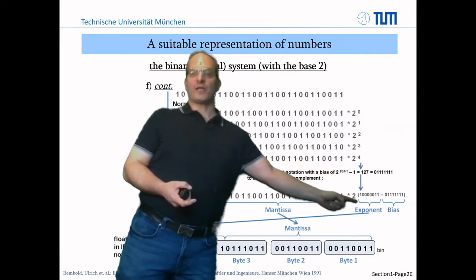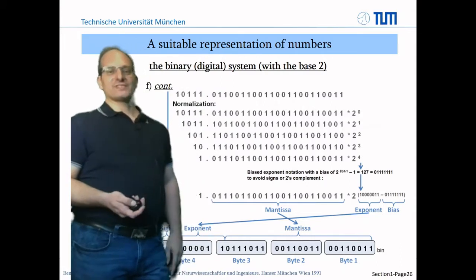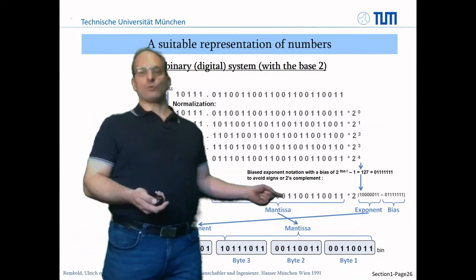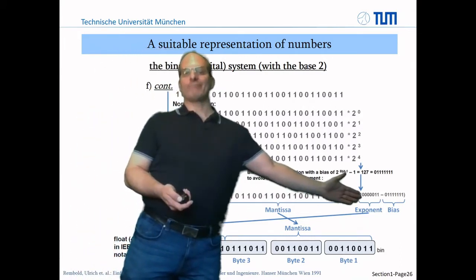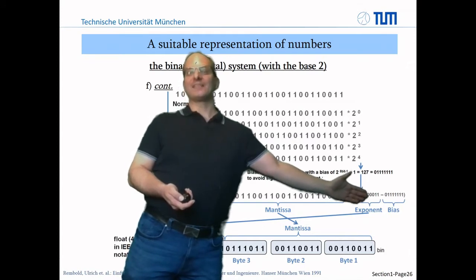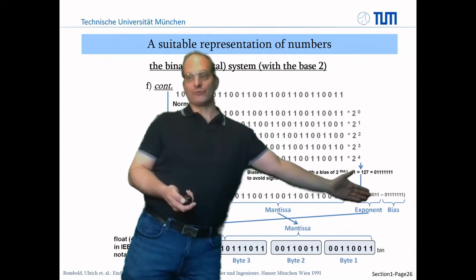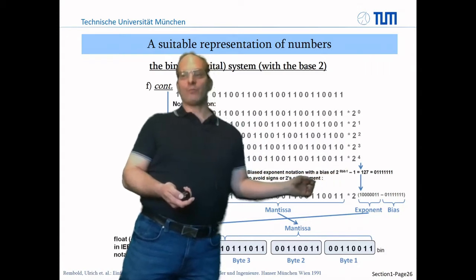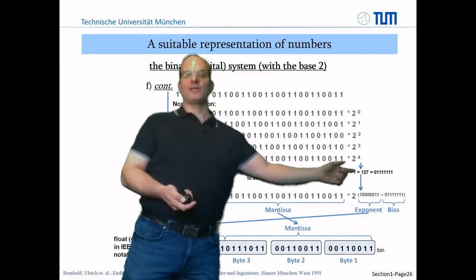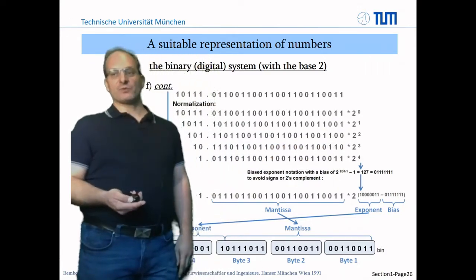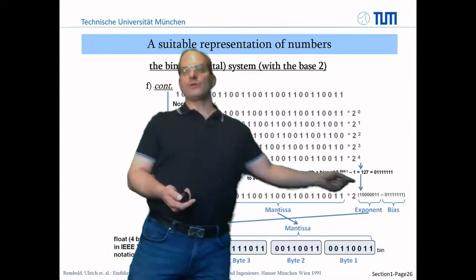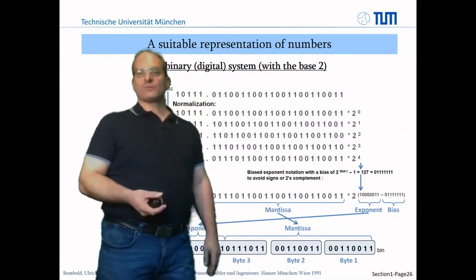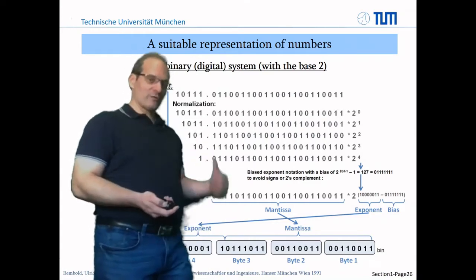And this exponent is represented in a so-called biased way, so that it is simplified for the use. We use the 2's complement because it can happen that we need negative representations in the exponent, and we do a bias with 127. Why? I will show on the next slide.